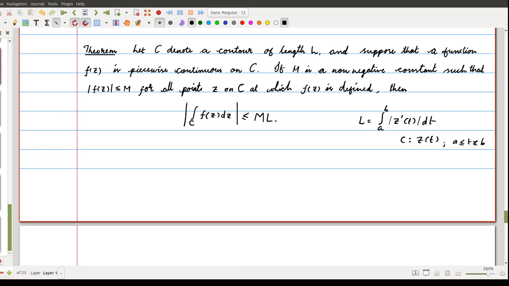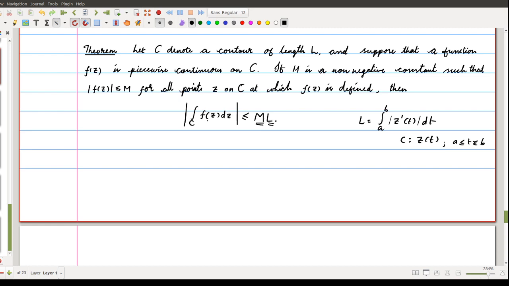So if L is the length of the contour, and suppose that a function f of z is piecewise continuous on C, so there are a finite number of points on C at which f need not be continuous, and M is a non-negative value that is an upper bound for the modulus of f of z for all points on C. In that case, the modulus of this contour integral is always less than or equal to M times L. M is the upper bound for f, and L is the length of the contour.